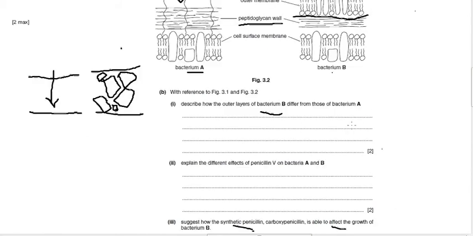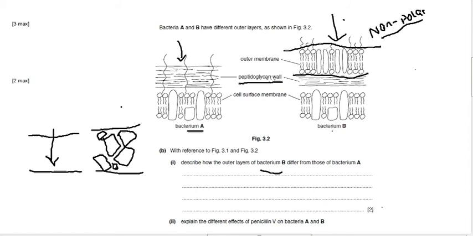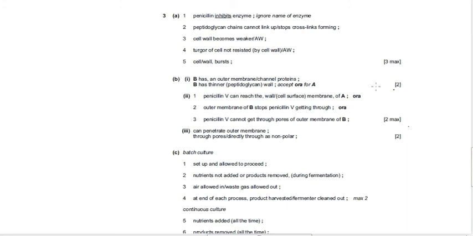So you can write the answer: it is able to affect the growth by passing through here, as it is non-polar. It can penetrate the outer membrane through pores as a non-polar molecule.